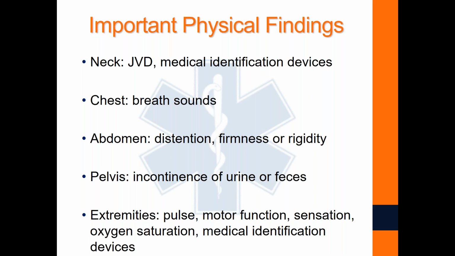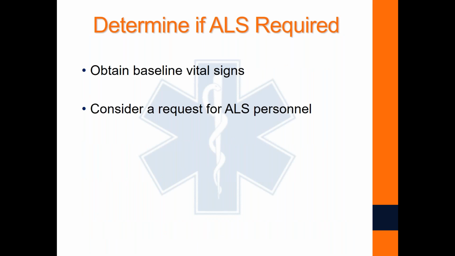When we assess pulse, motor function and sensation on our extremities, we're also going to start looking for medical ID devices, so medic alert tags or rings or anything of that nature on our patient. And really, once we get to the end, we get our baseline vital signs.